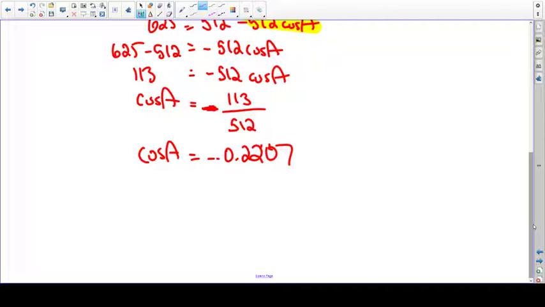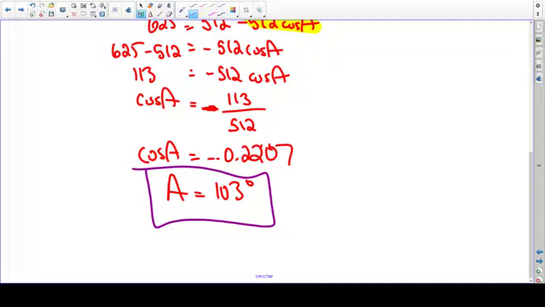Now, if I go second cosine, I'll find the measure of that angle to the nearest degree is 103 degrees. So that is the angle at which the two trusses meet. So, like I said, I can just put in a little box around this, and that will show that that's the answer to the question.